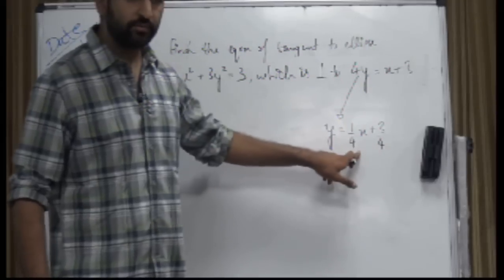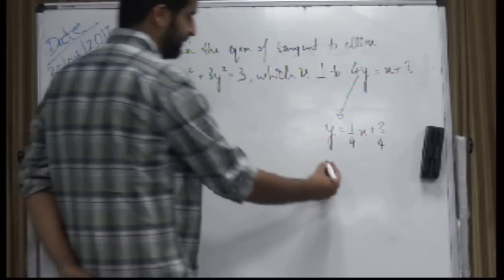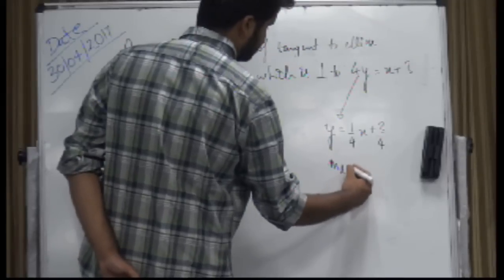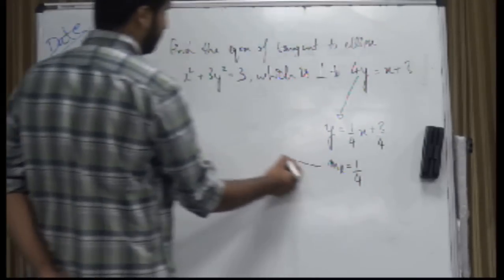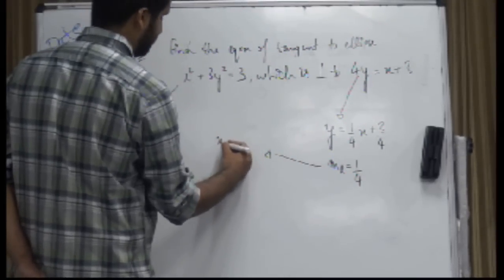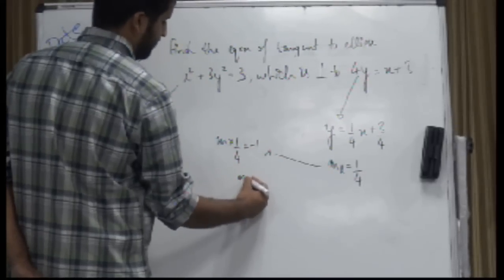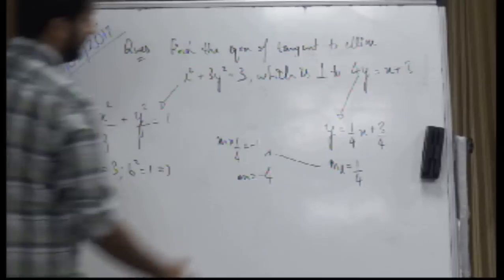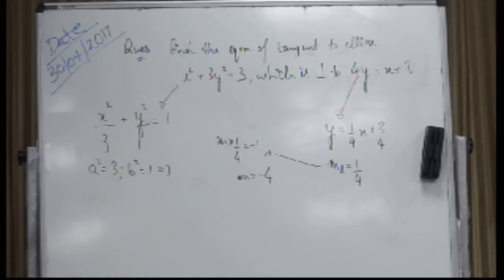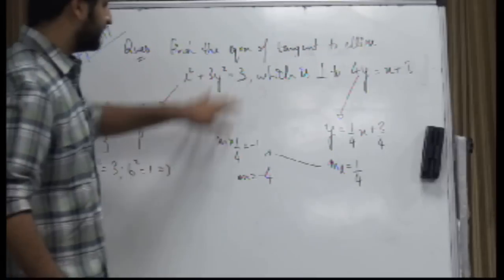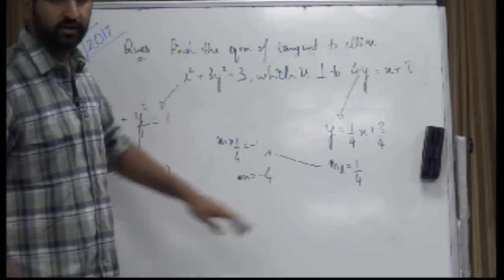So the slope of this line is 1 by 4. Therefore the slope required will be m into 1 by 4 is equal to minus 1, m is equal to minus 4. Okay, so the required tangent will have the slope of minus 4.